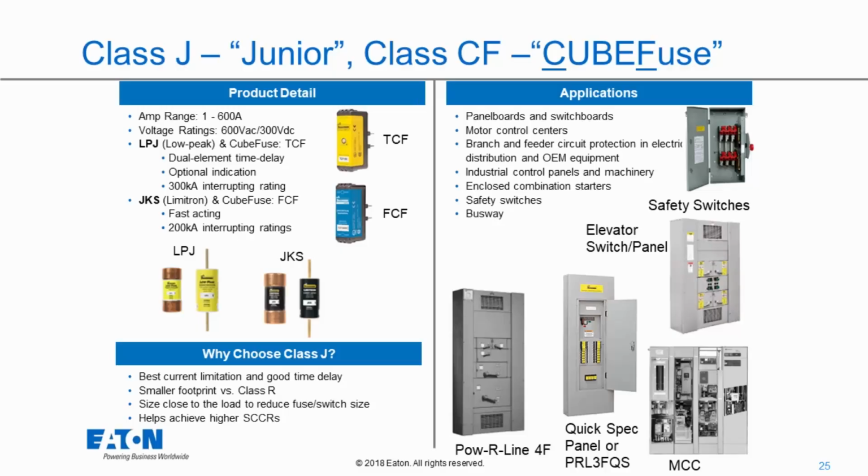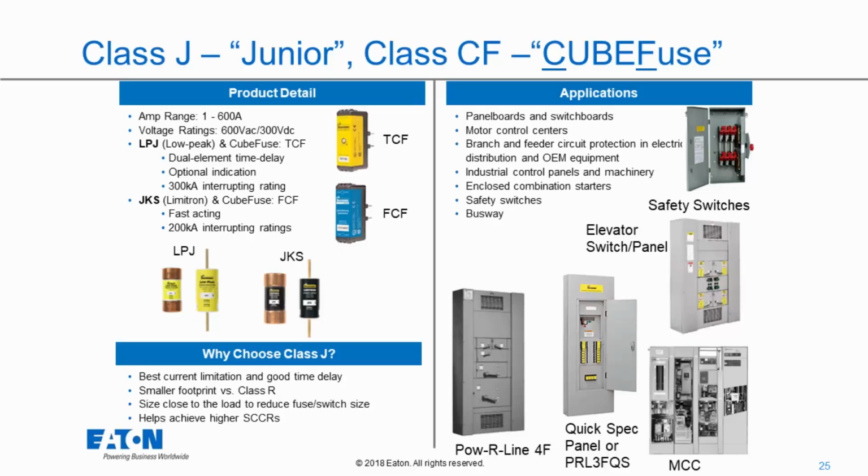It's a finger-touch-safe fuse, very good current limitation, very good ratings overall. It's still a 300,000 amp rated device, and it has the same electrical characteristics as our LPJ series. The JKS series Class J fuse that you see there is our Limitron series, and it's a fast-acting fuse, 200,000 amp rating, typically used in heating circuits or maybe some application where there's absolutely no inrush to your circuit.